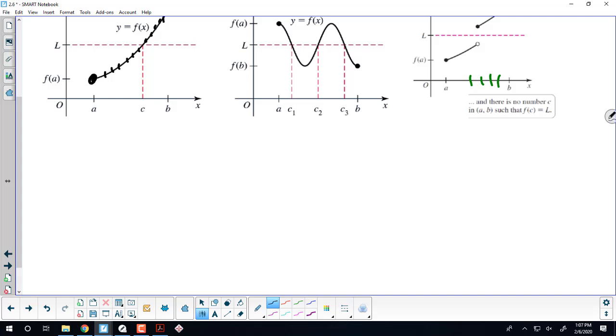But anyways, the example says use the intermediate value theorem. I'll just abbreviate that.